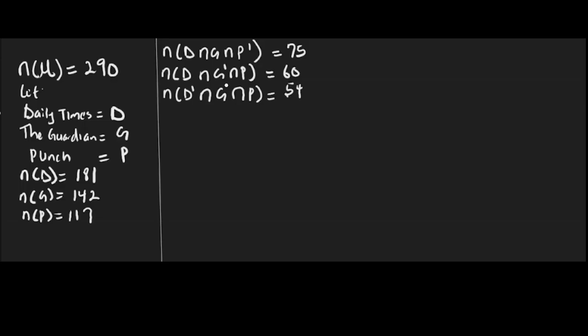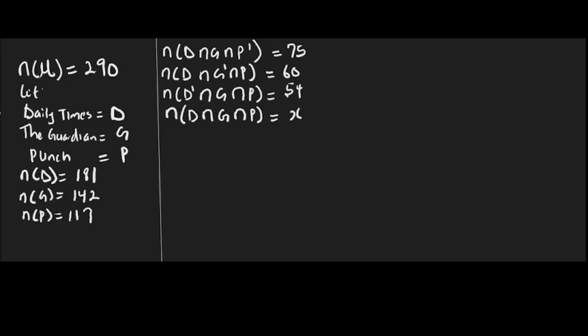That means those that read the Guardian and the Punch is 54. Now, in the question, we are not given the number of people that read all the three papers. That's going to be number D intersection G intersection P. We don't know that, we can call that X.